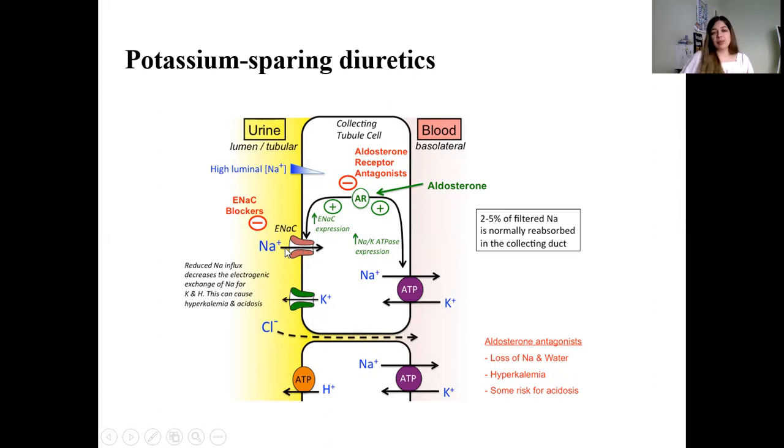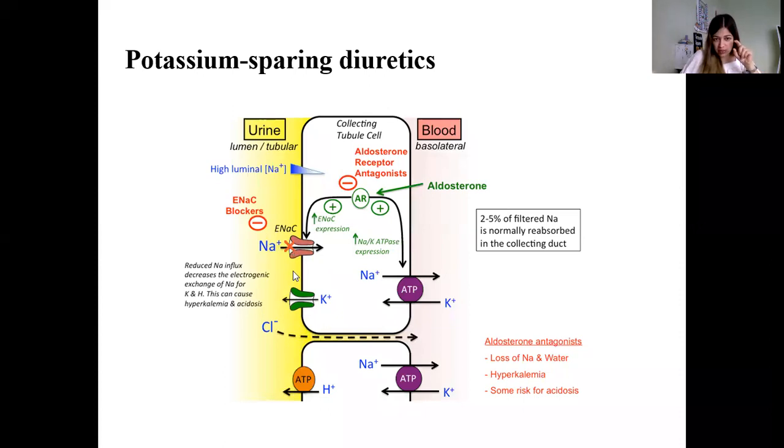So finally, because of less reabsorption of sodium, there will be less electrogenic exchange of the sodium with potassium. Less exchange with the potassium means potassium will also not go out. When we have this reabsorption, potassium will go out because of electrogenic exchange.